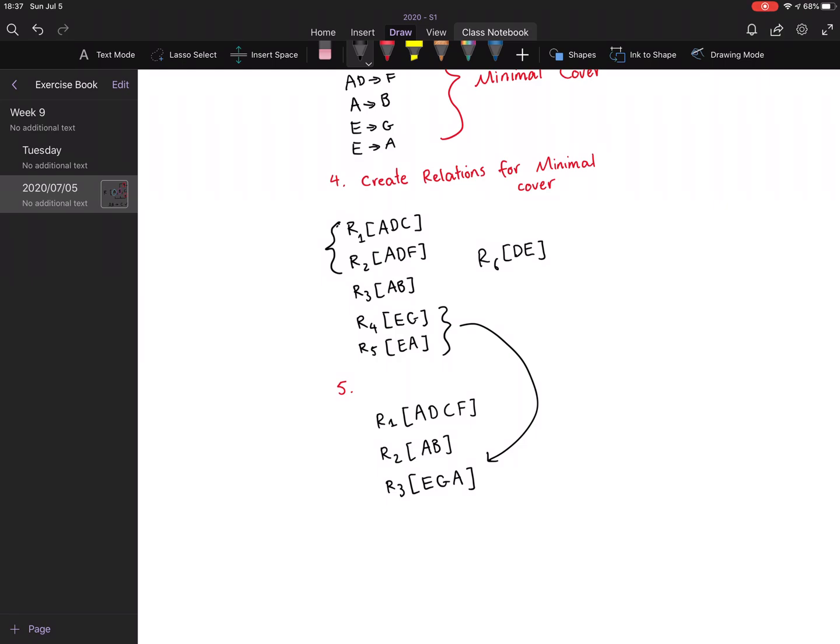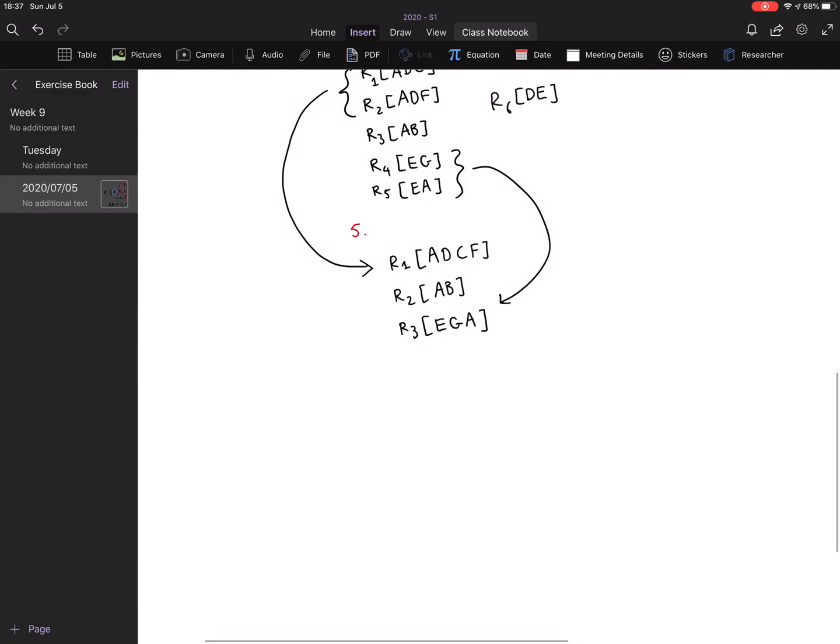So okay, that implies this. Okay, so those are the latest candidate keys for the latest relation.